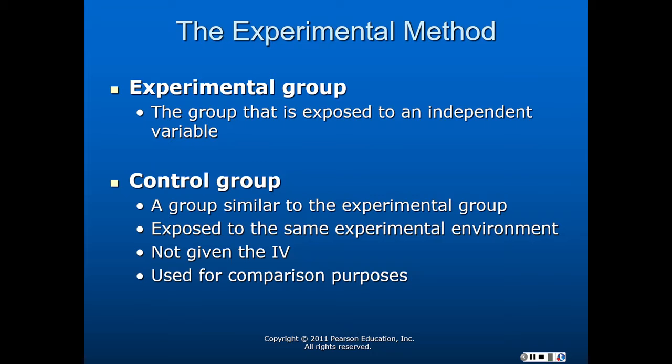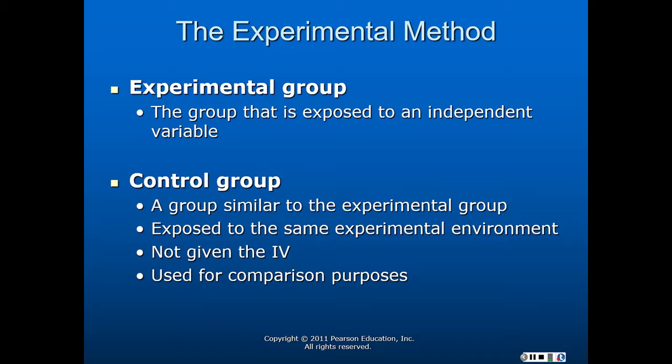With an experimental study, you will find that there are two major groups. The first group is the experimental group. This is the group of people who are exposed to an independent variable or that effective treatment that's deemed to be relevant for the issue of study.